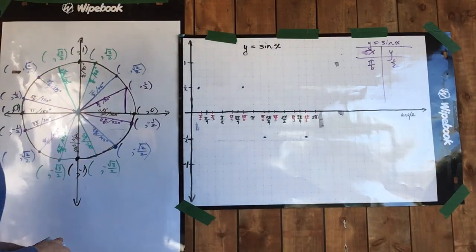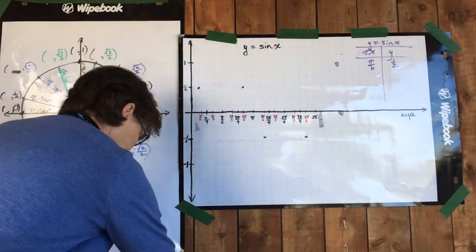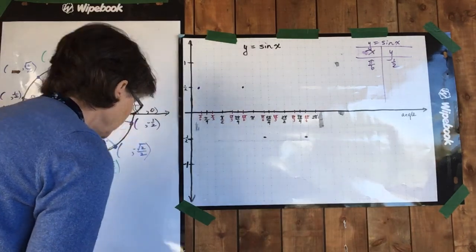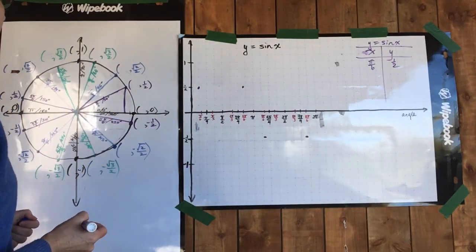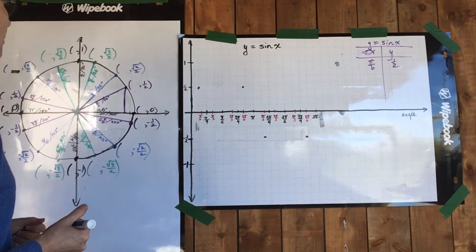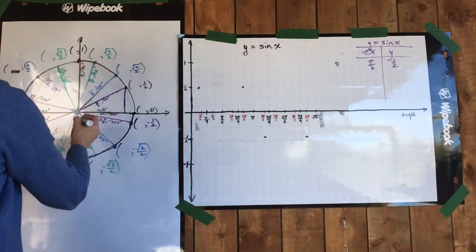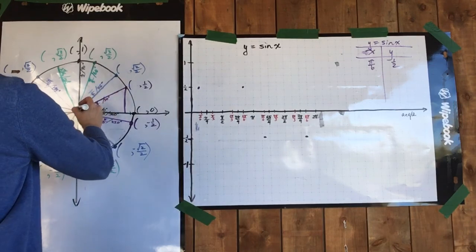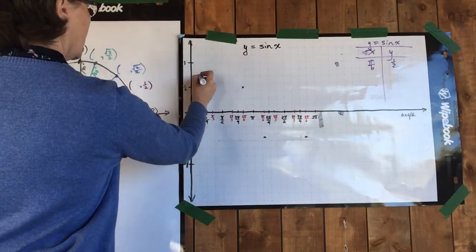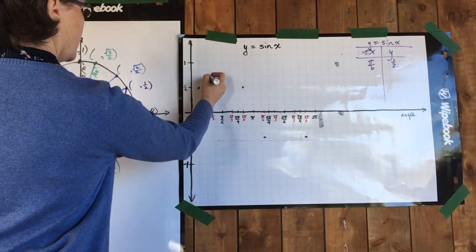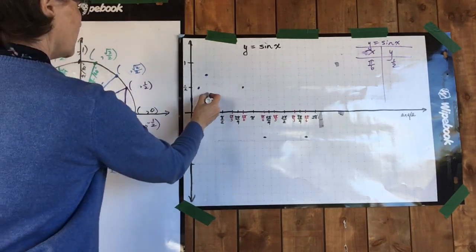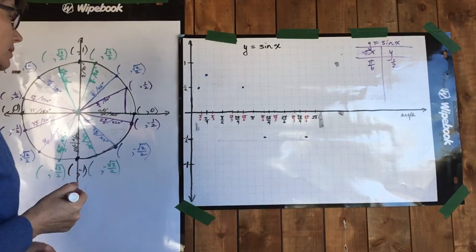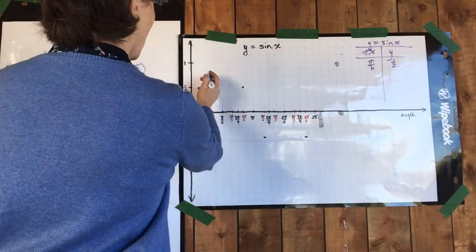All right, let's do our blues. Root 2 over 2 is this height. We're halfway in between here. Root 2 over 2 is here, so that's pi over 4. Pi over 4 is here, so that's 5 and a little bit grid marks up on my diagram.